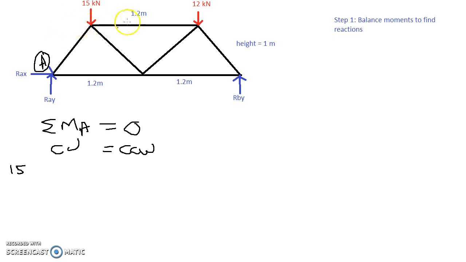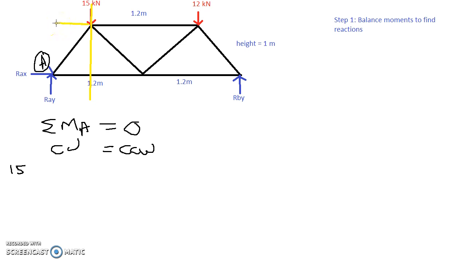Now, for just this one here, I'm going to run through and show you how that works. If you imagine this 15 kilonewton force here, it's acting in this yellow line here. Check it out. That's the line of its action. So the perpendicular distance is going to be, well, what's a line that's perpendicular to that? Well, it's going to be that line there.